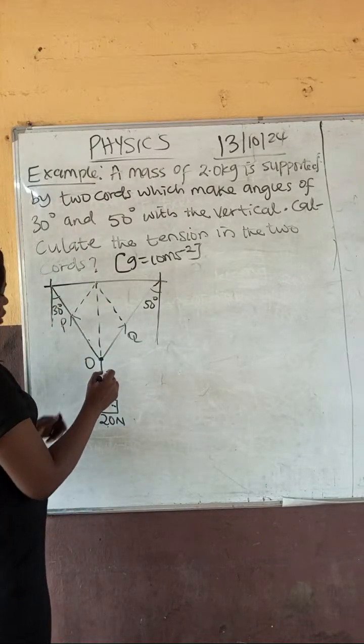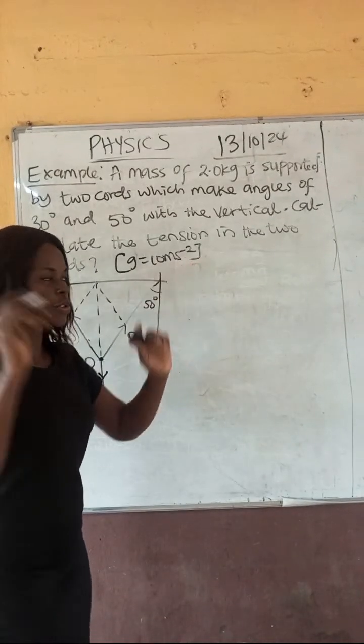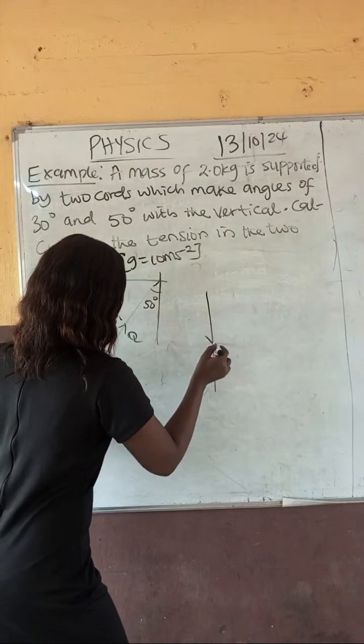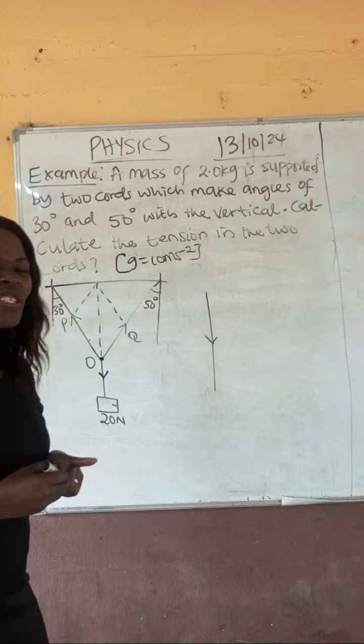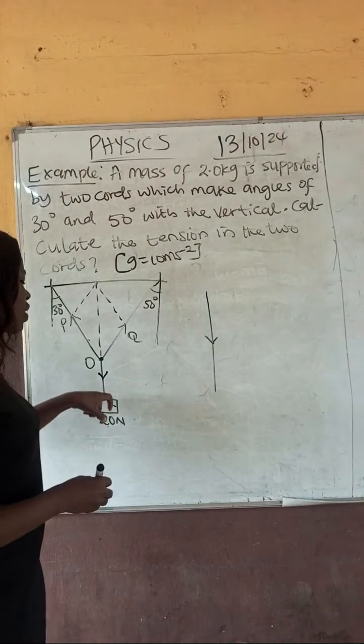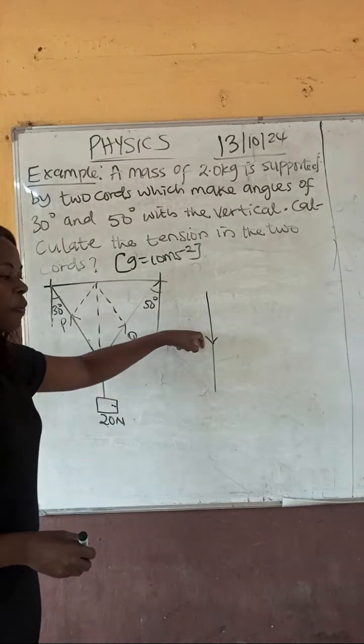So the arrow should be going down because the weight is down, carrying the two cords, right? So what I'm going to do, I'm going to draw it. Remember, you're going to follow the direction of the diagram given to you. Now, this 20 newton force is acting down. So I'm going to draw a line, the arrow will be pointing down.